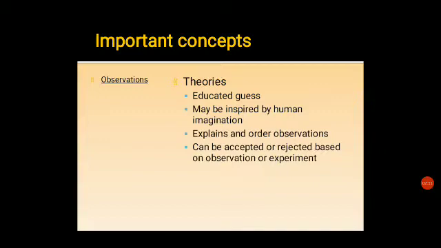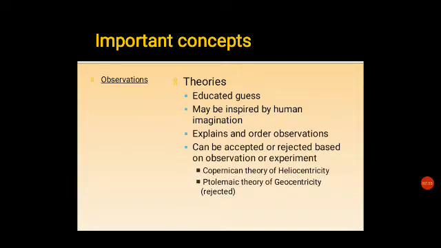Just like the theory of heliocentricity and geocentricity. The theory of geocentricity, wherein it is considered that the Earth is the center of the solar system, is rejected based on the facts gathered by the astronomers.